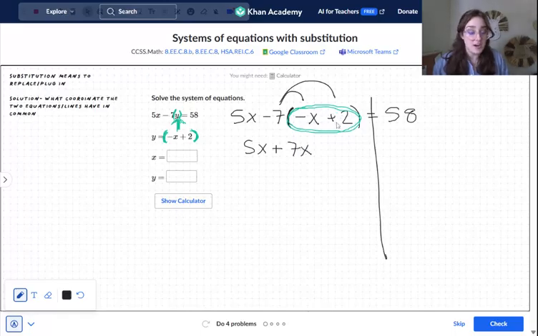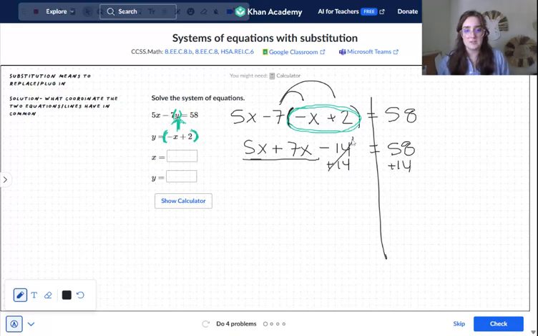Negative 7 times positive 2 is negative 14, equals 58. We're going to clean this up, grouping like terms. In the same step, I'm also going to add 14. So 58 plus 14 is going to be 72.